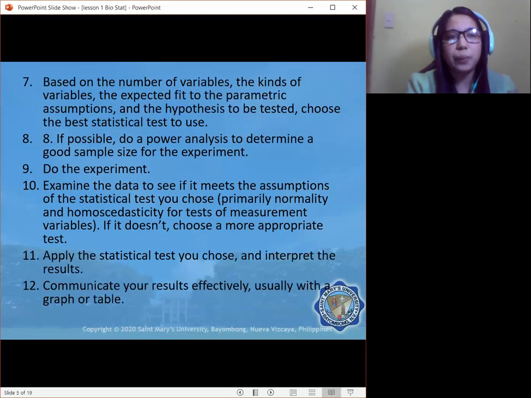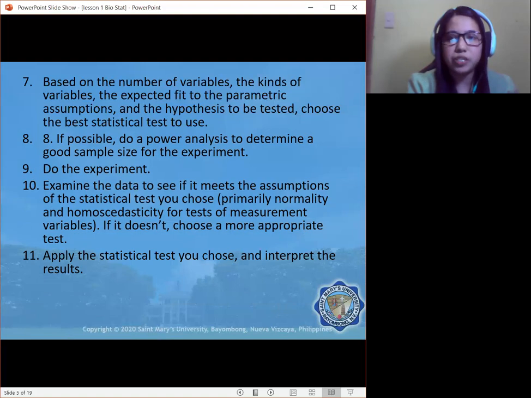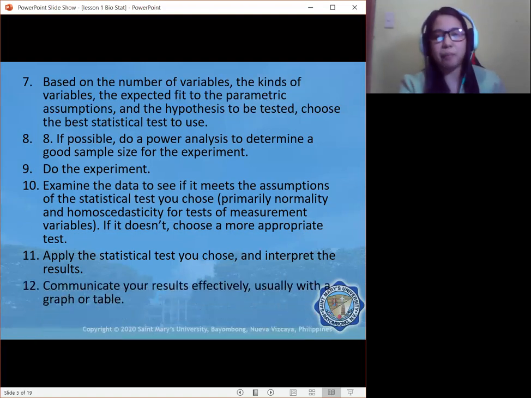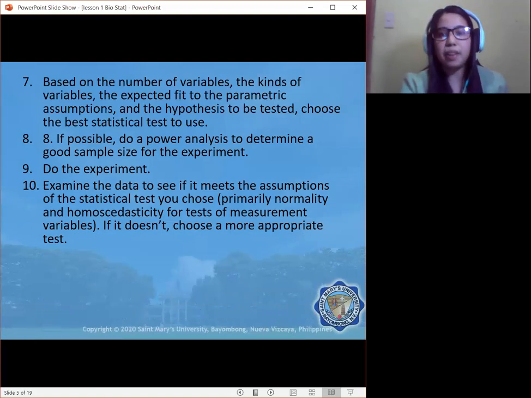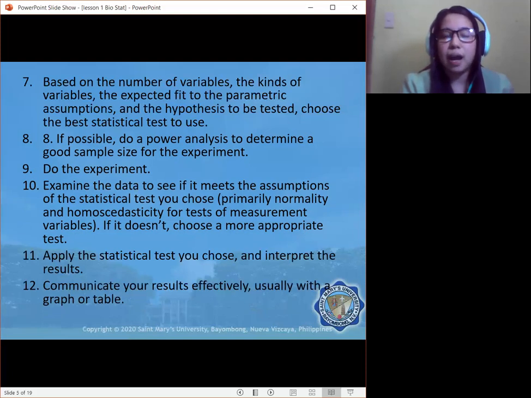As we can see here, we have 12 steps, which the author considers the best way for him to analyze a biological experiment. And I also want to emphasize that step number 9 is the experiment.